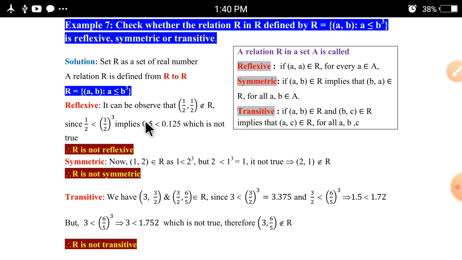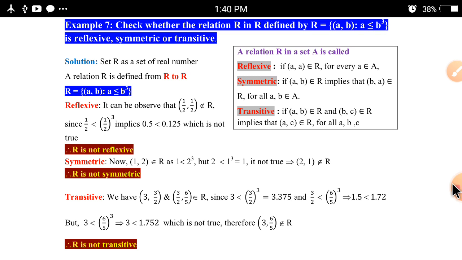Is this true? No, it is not true, because 0.5 is greater than 0.125, but here it requires 0.5 to be less than 0.125, therefore it is not true.